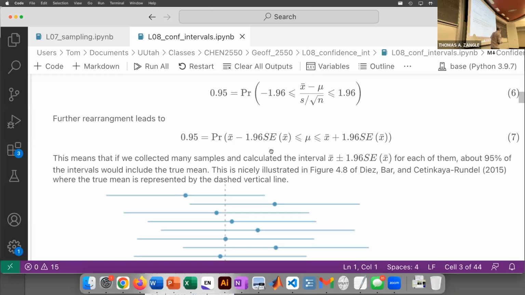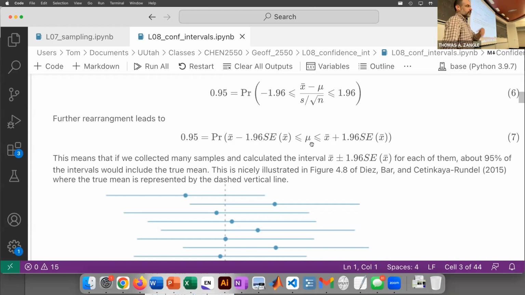What we would then say is that we expect with 95% confidence that the true population mean is within this range, from X bar minus 1.96 times the standard error to X bar plus 1.96 times the standard error.